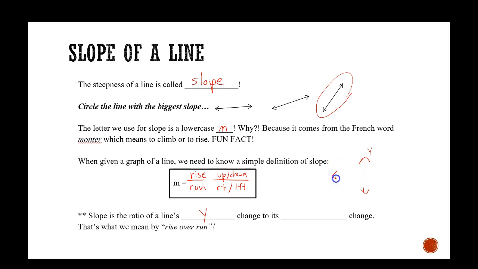Whereas when I tell you to run, that's right or left, and that's your X. So in other words, our rise would be your Y values subtracted. Your run is your difference in X values. And we'll do some examples of those.